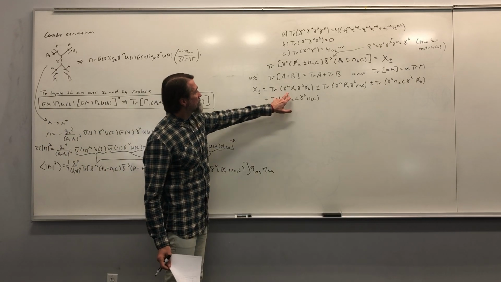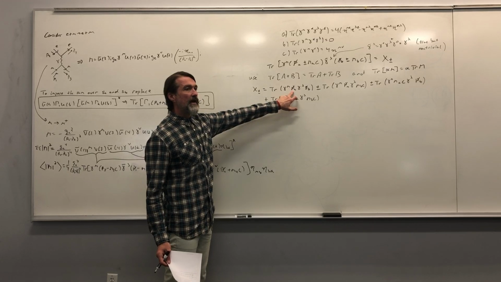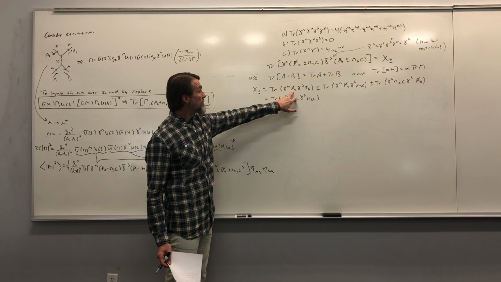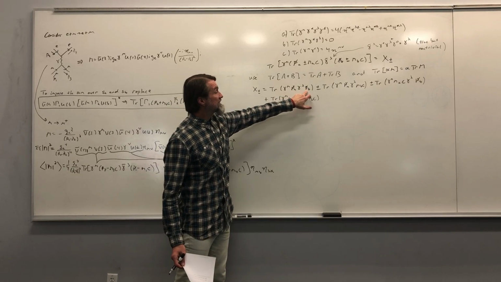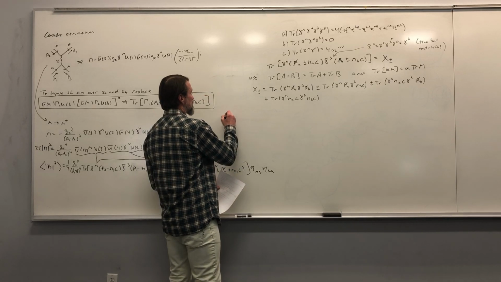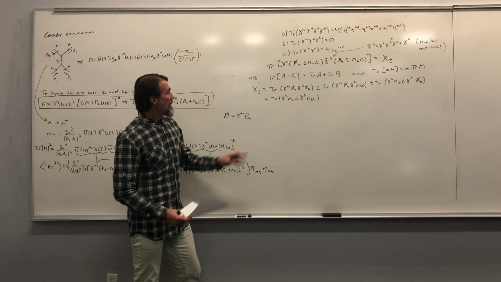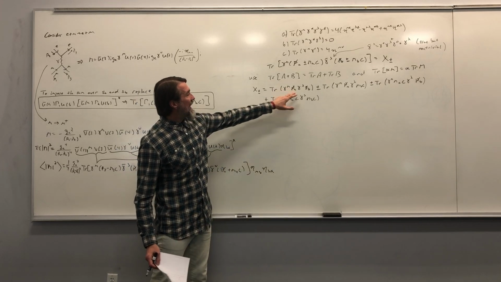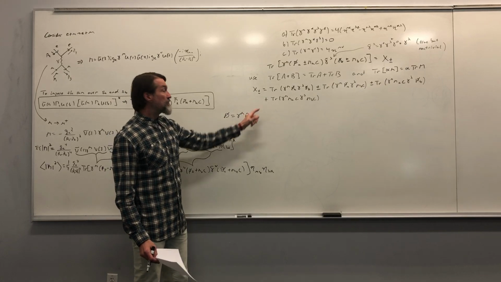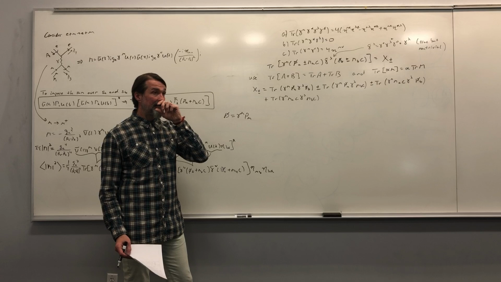Well, look at this. This involves a gamma. This is gamma times P mu. This is a gamma times P mu. The P mu's, remember, P slash is gamma mu P mu. So if I expand all of these P slashes in terms of gamma P, I can pull the P's out because the momenta are trivial in spin space.